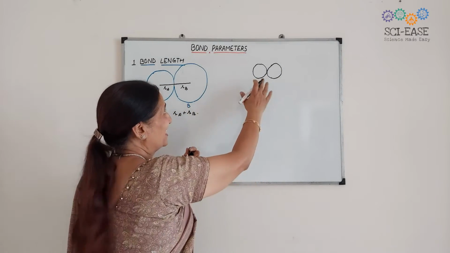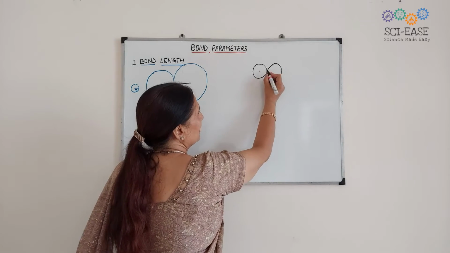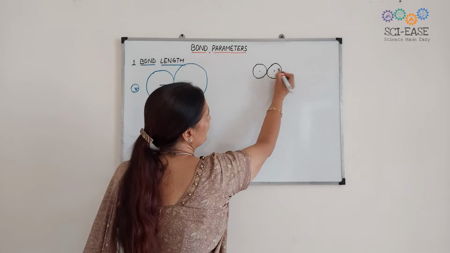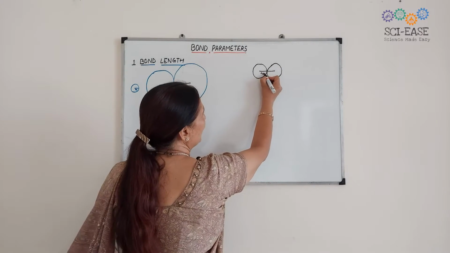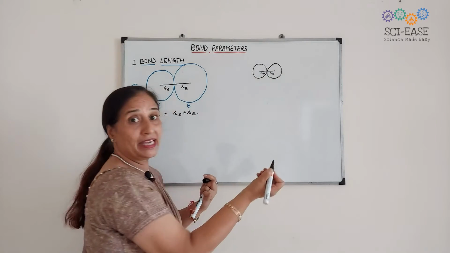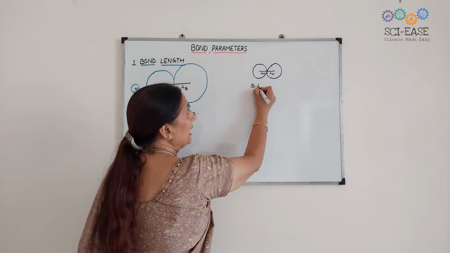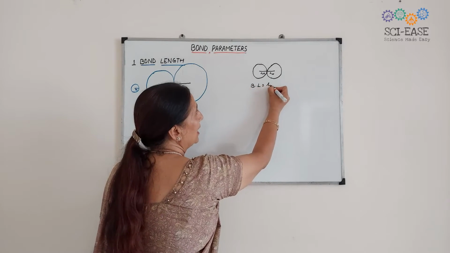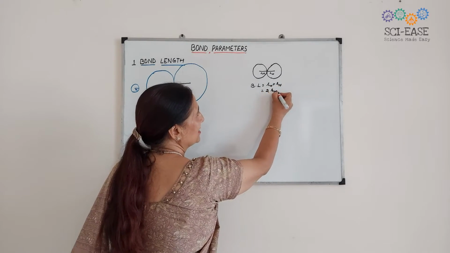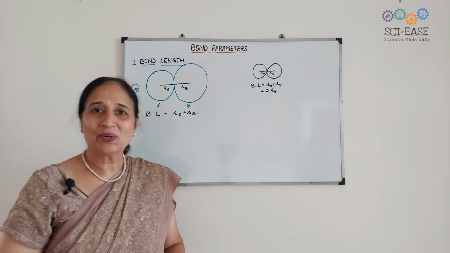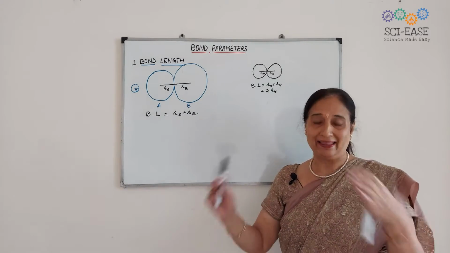Almost they are equal. This is the center of this hydrogen and this is the center of this hydrogen. Now join this. Suppose this is RH and this is also RH, because both have equal radius. So here bond length is equal to RH plus RH, or you can say it is equal to 2RH. Okay? So I think the term bond length is clear to all of you.